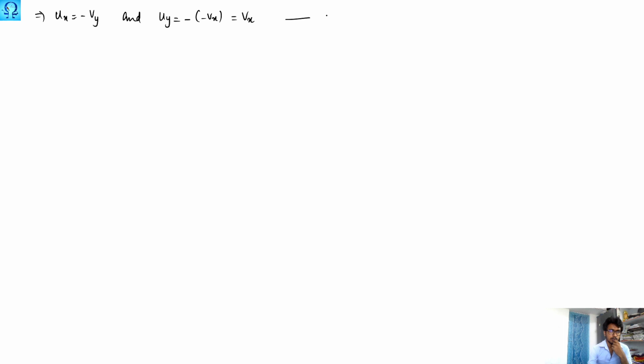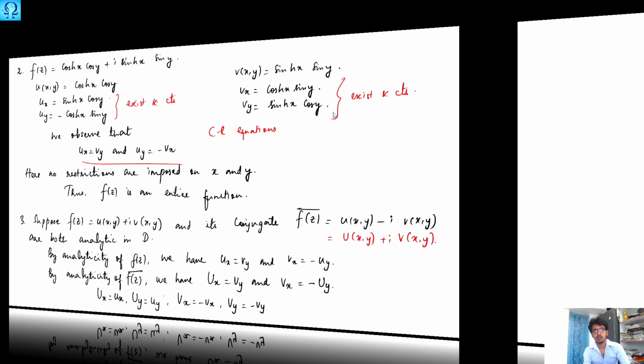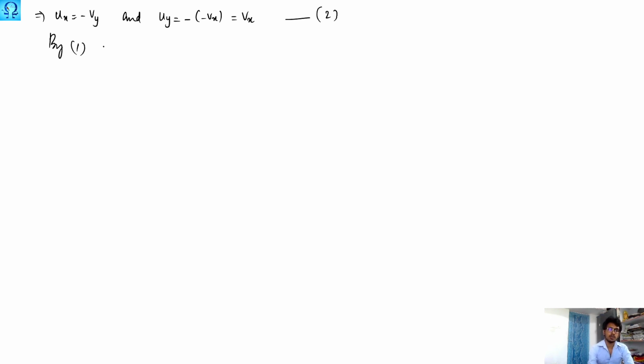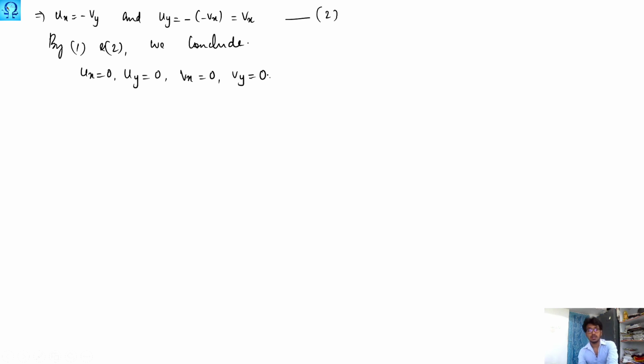So let us mark this as equation 2 and mark these as equation 1. Whatever we have is reversed here. So by 1 and 2 we conclude ux has to be equal to 0, uy has to be equal to 0, vx has to be equal to 0 and vy has to be equal to 0, just because ux is equivalent to vy as well as to minus vy.